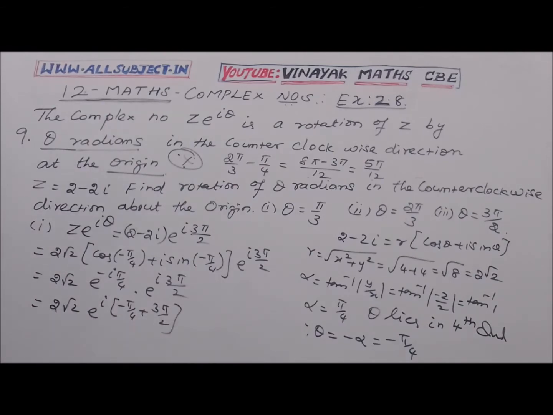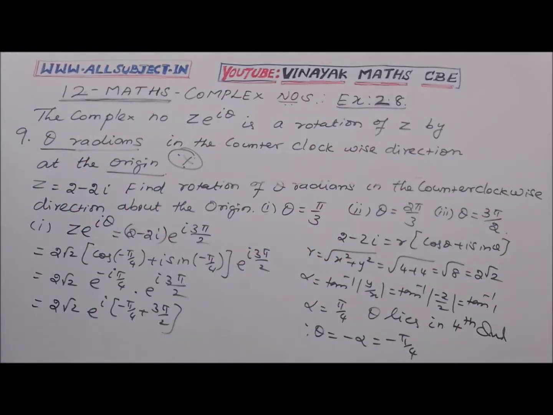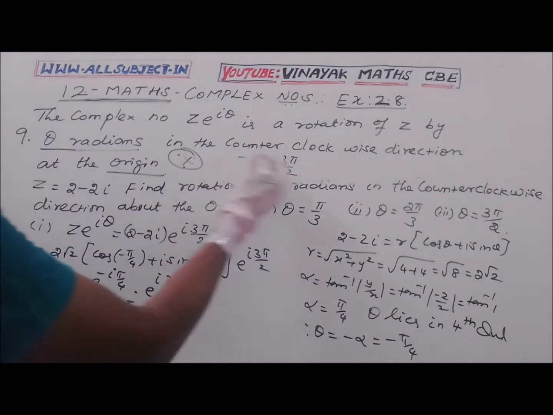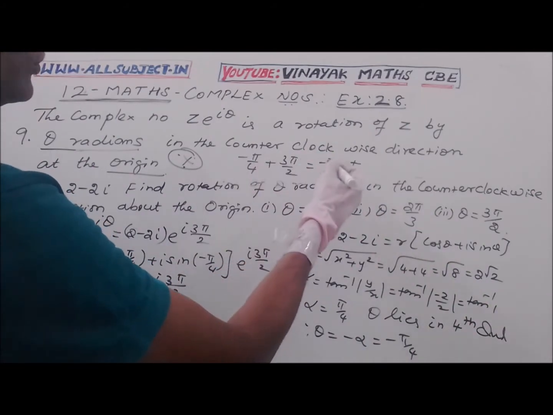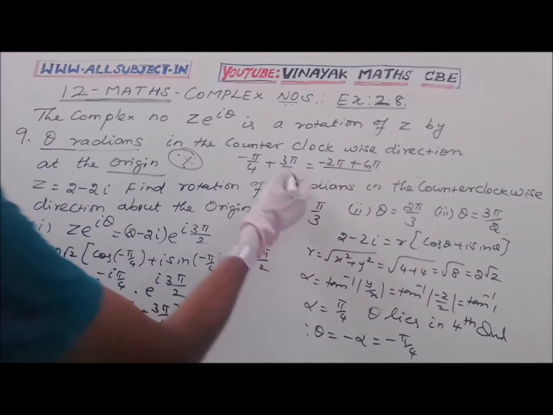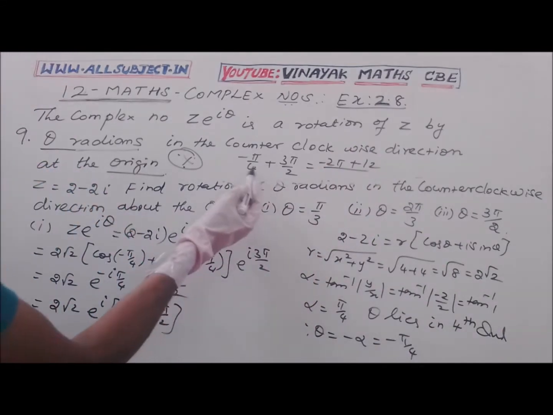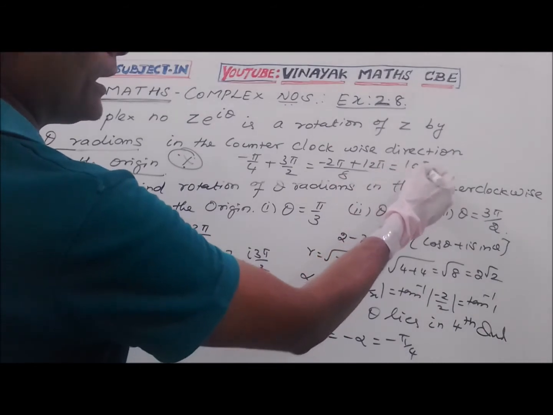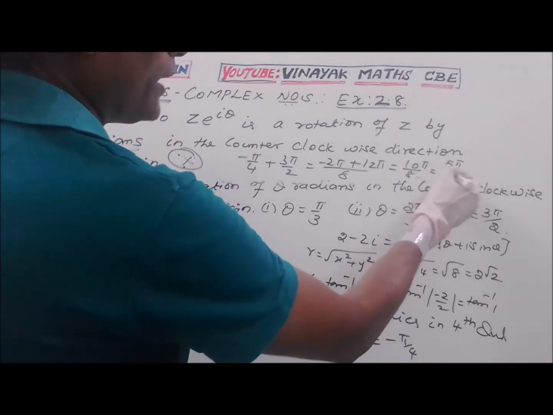Now taking LCM here, simplifying: minus 2 pi plus 6 pi, cross multiplying, minus 2 pi plus 12 pi by 8, that is equal to 10 pi by 8, by cancelling 2, 5 pi by 4.